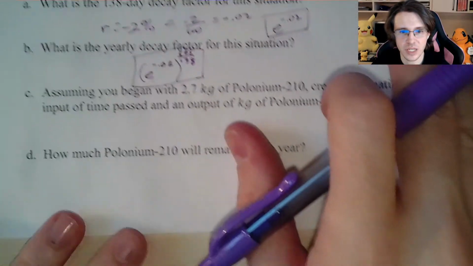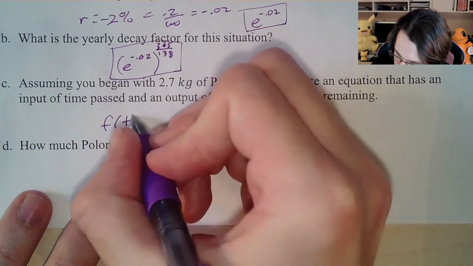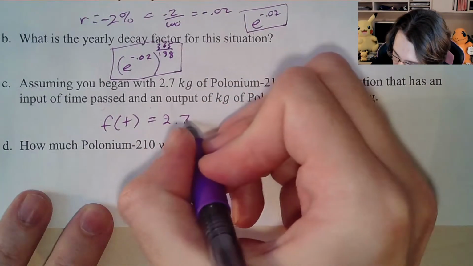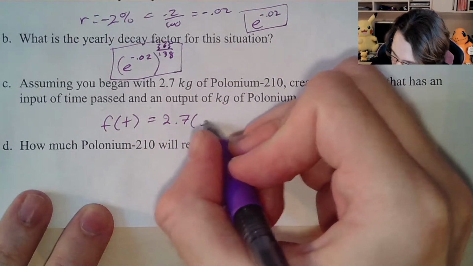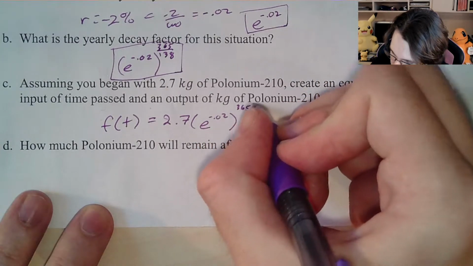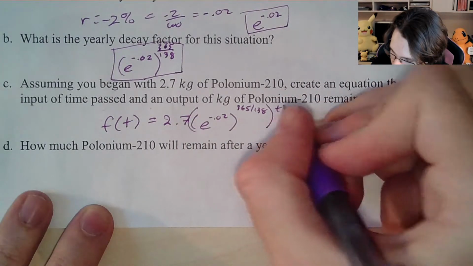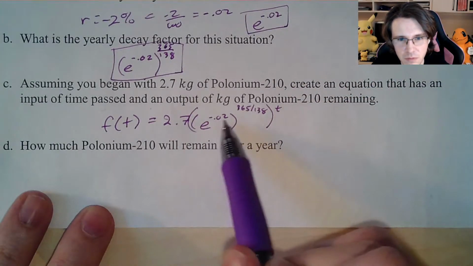And we want to create this equation with the 2.7 kilograms of polonium. So we're starting off at 2.7, multiplying by e to the negative 0.02 to the power of 365 divided by 138. And then all of that is getting raised to the t power. Do remember, all this can be multiplied together.